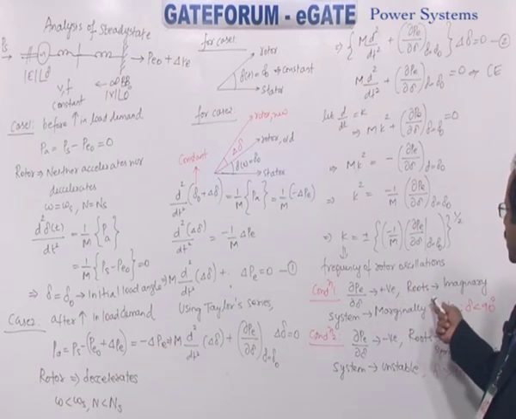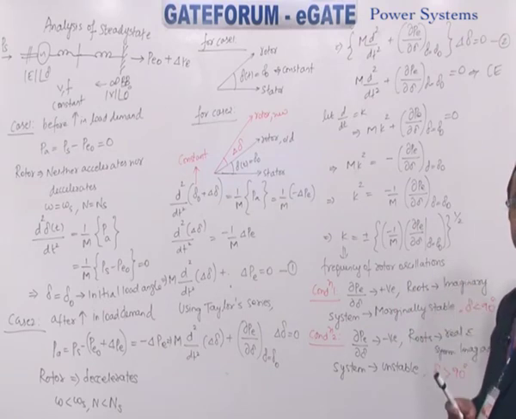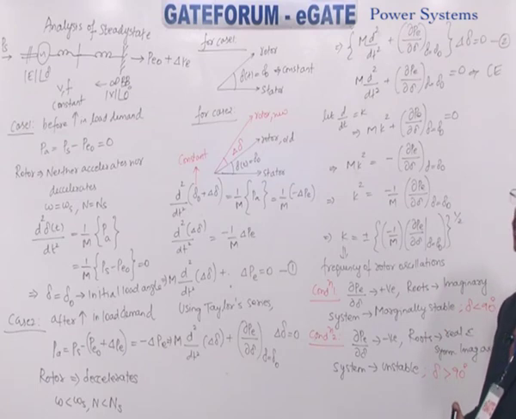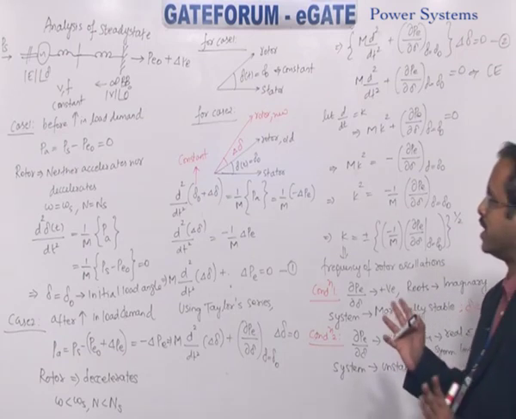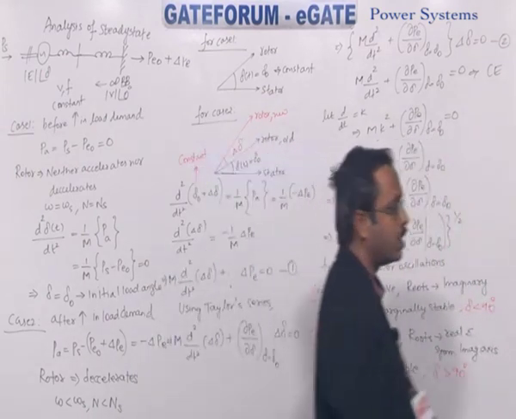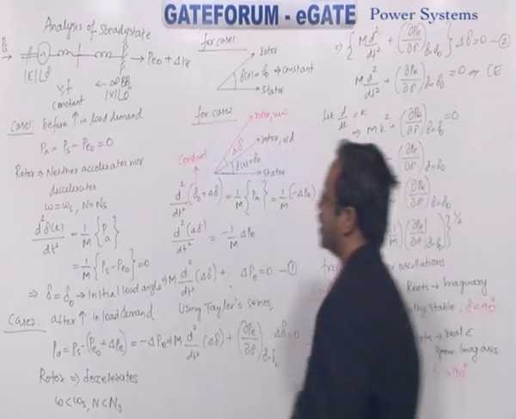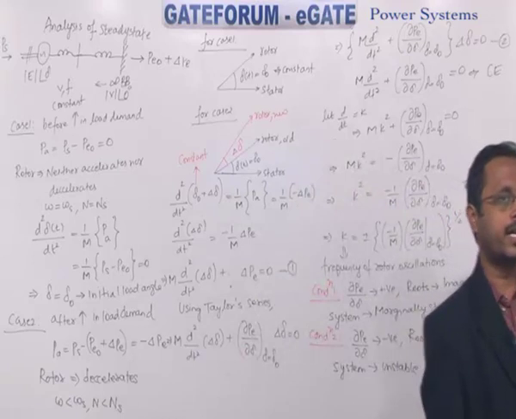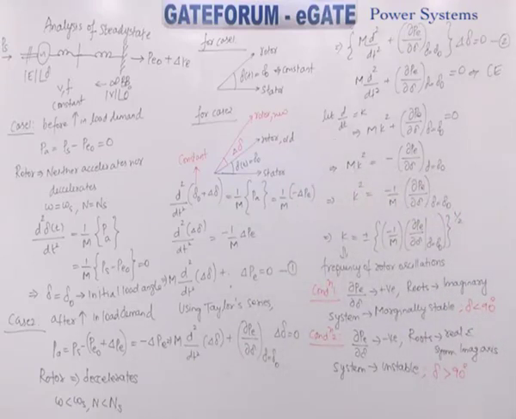So though the roots are imaginary, the roots are provided with the damping effect. So this is the analysis of steady state stability using the swing equation.